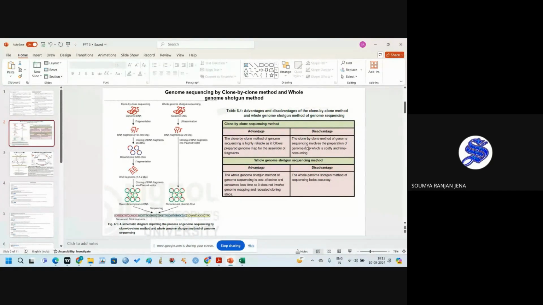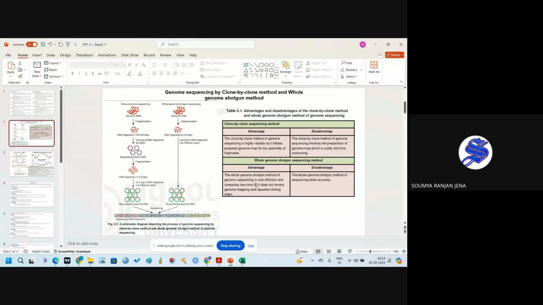The disadvantage is that the clone by clone method involves the preparation of a genome map, which is costly and time consuming, because here we have to use two times and two vectors. One is a bacterial artificial chromosome, and another one is a plasmid vector. So this clone by clone sequencing method is very costly and time taking, because the cloning process takes time.